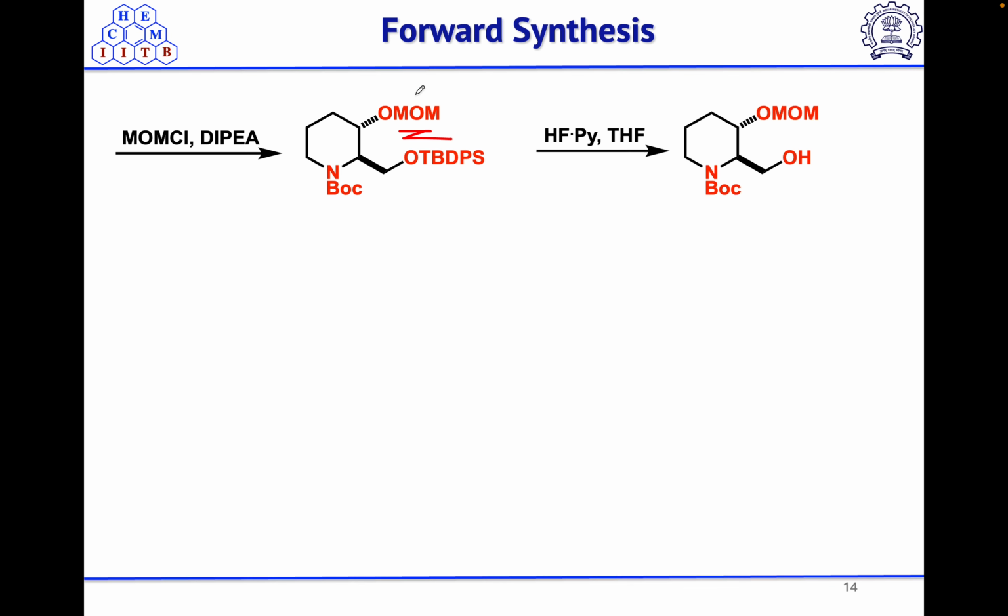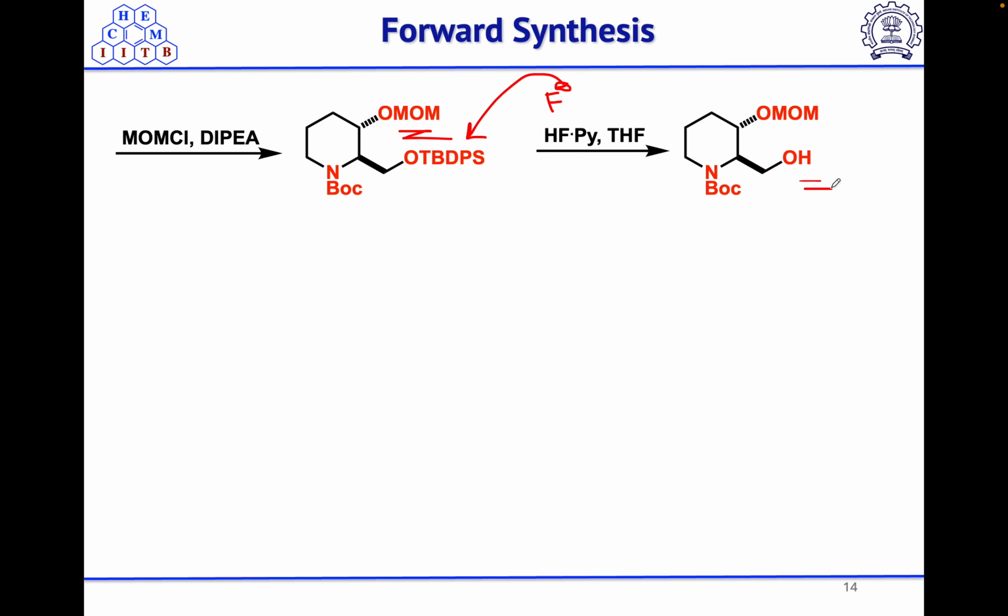Okay, now if we treat this compound with TBAF, basically it will give fluoride ion. And OTBDPS is O-silyl, tert-butyl diphenyl, right? So this fluoride ion will attack the silicon, and the silicon-oxygen bond will break, and you will get this OH.